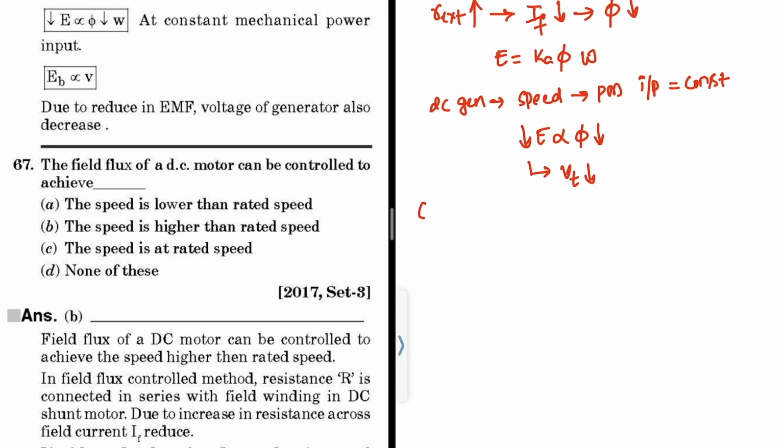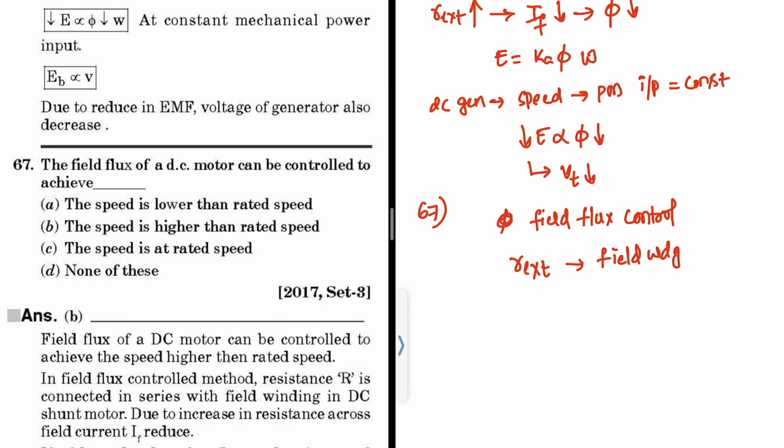Coming to the 67th question. This is the same case as the above question. But here, field flux control: we connect external resistance in series with the field winding.